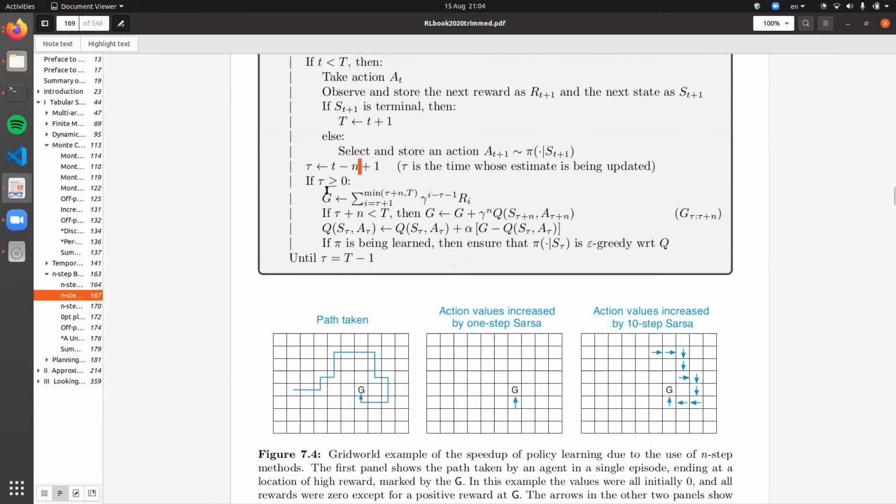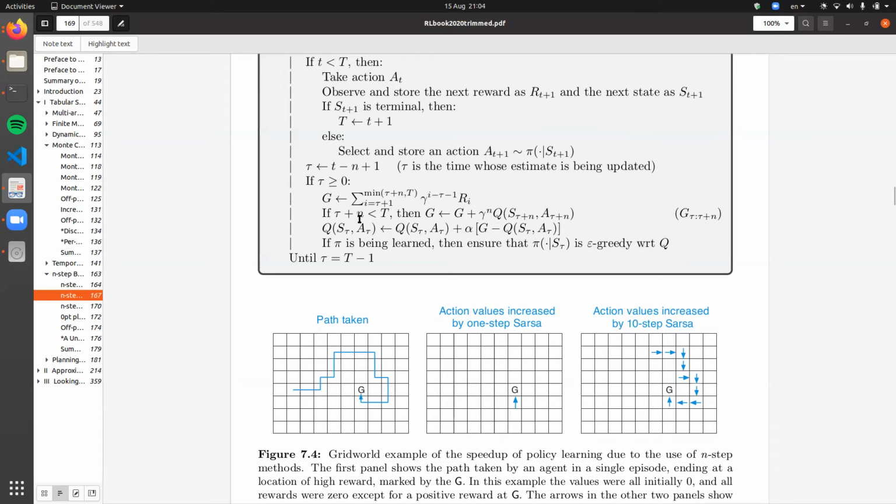So once tau is greater than or equal to 0, in other words, we have enough experiences to do the n-step bootstrapping, what we do is we sum the discounted rewards for all the n future steps, right? So we go from tau plus 1 to tau plus n. We sum all the rewards.